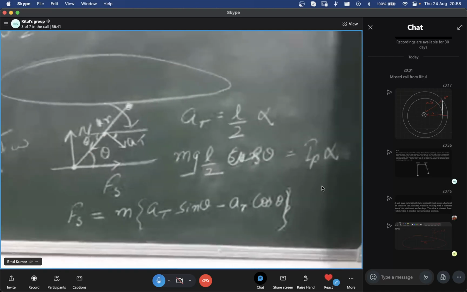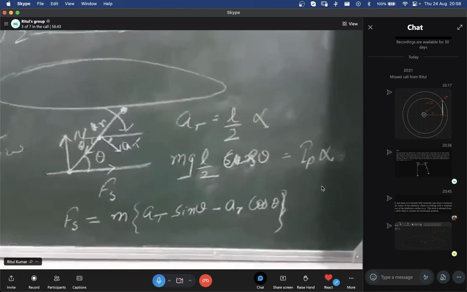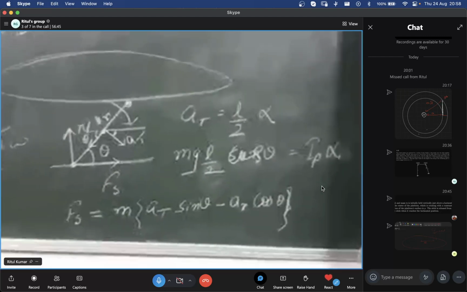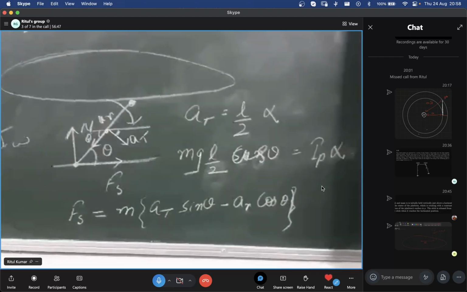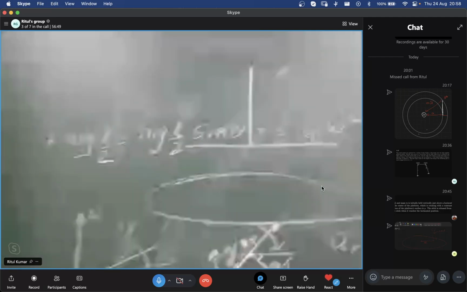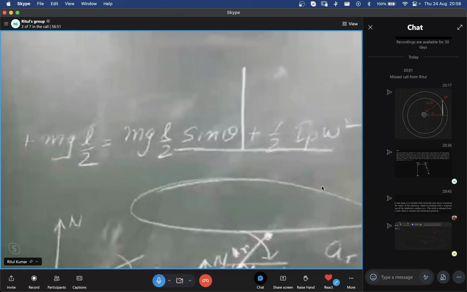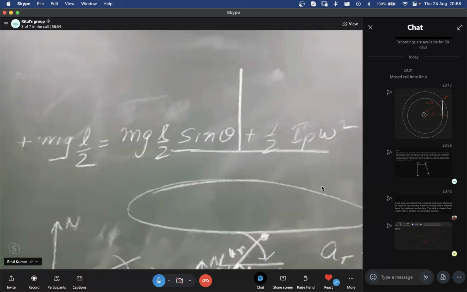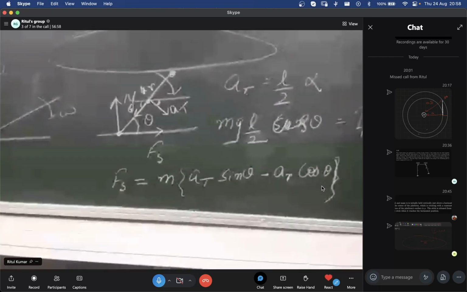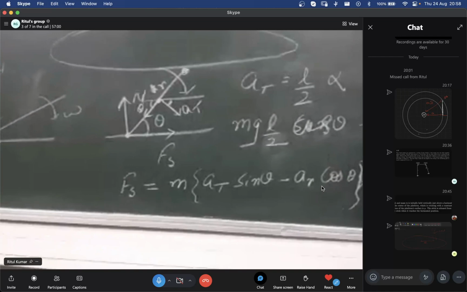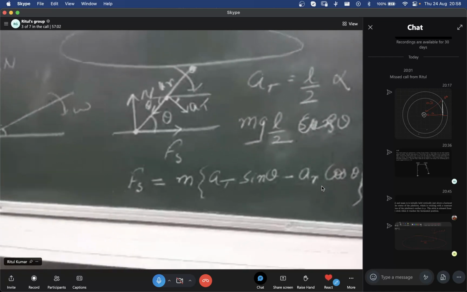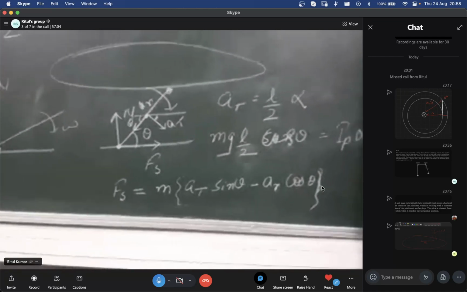Omega square into L by 2, correct? And AT was in terms of alpha, and alpha got related over here. From here, we got alpha in terms of omega. So we get Fs over here.